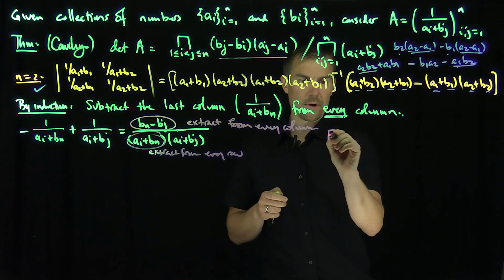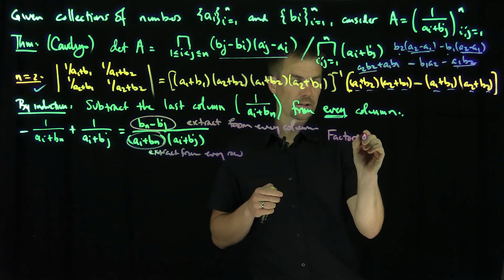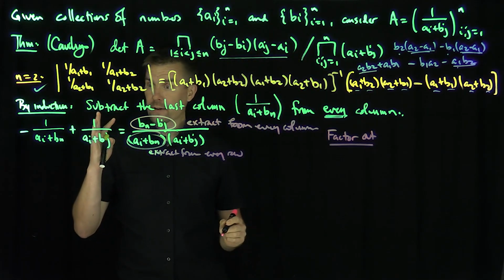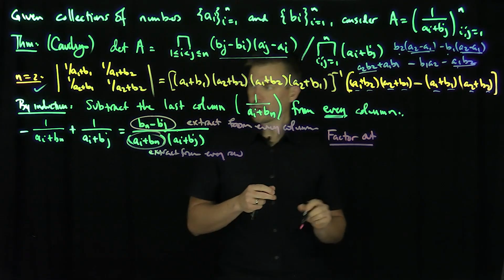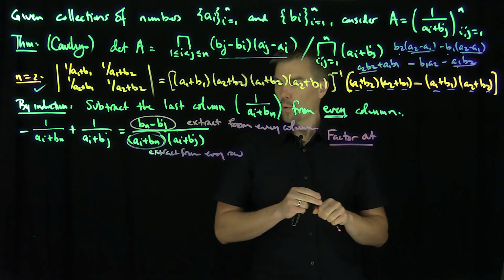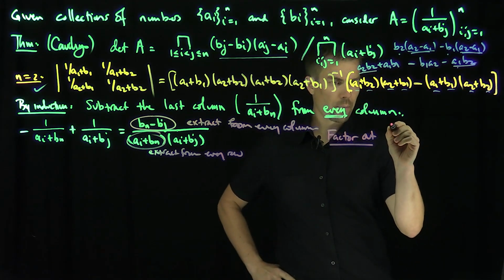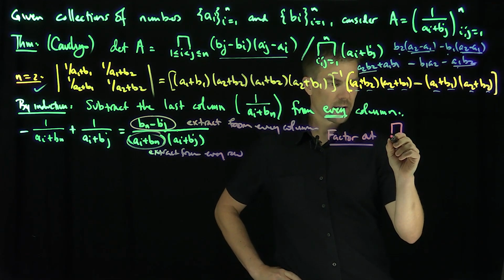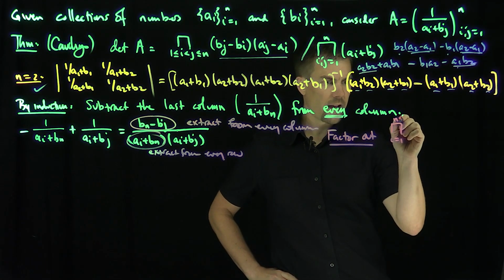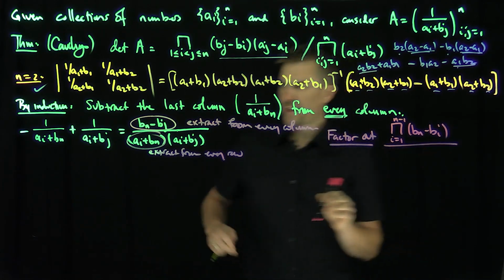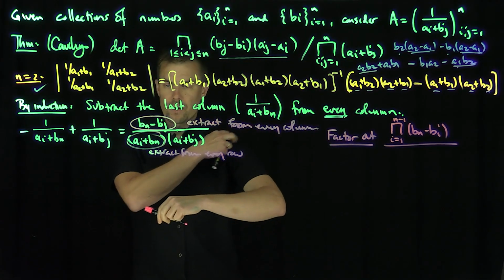So we're going to factor out from this first phase of the determinant, by subtracting every column from that, what will we get? We'll have a factor of the product, i goes from 1 to n minus 1, of b_n minus b_i from the columns. And then we're going to factor out all of these things from the rows over here, right?